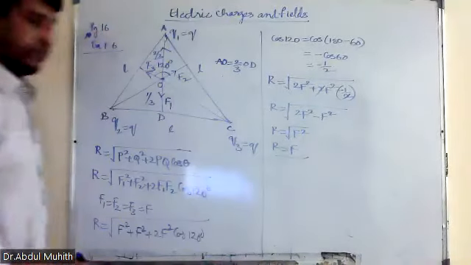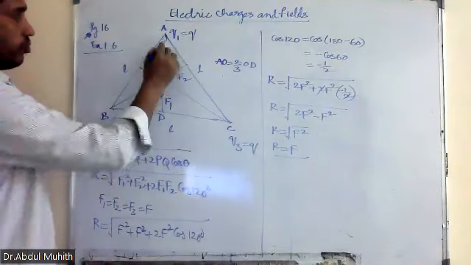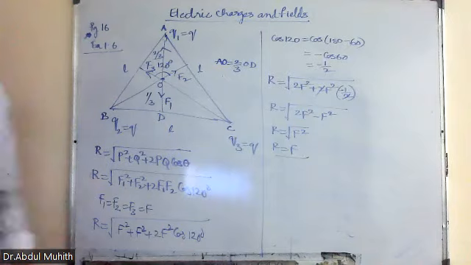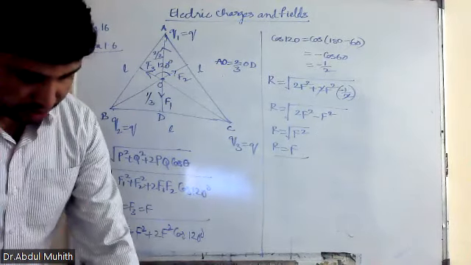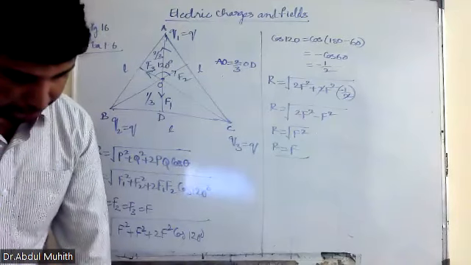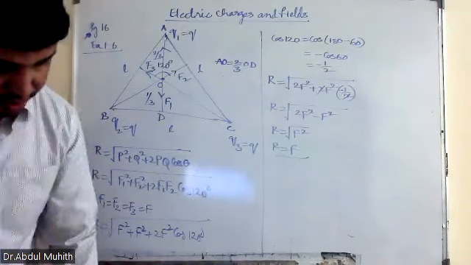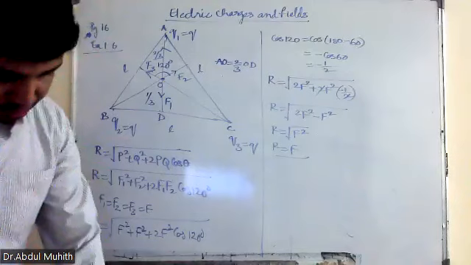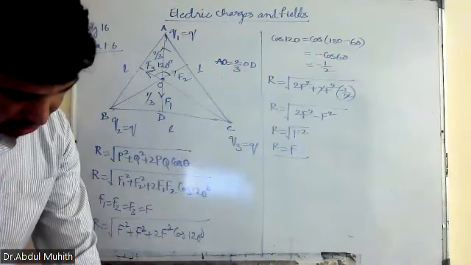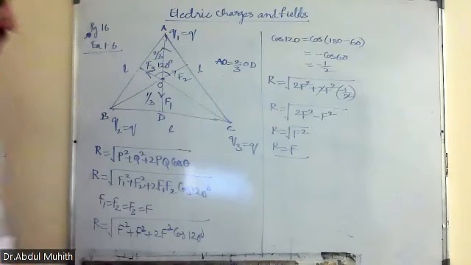Means the force is again F. The force which is going up and the force which is going down are the same. Are you understanding all of you? Yes, sir. So here it is clear that the sum is 0.